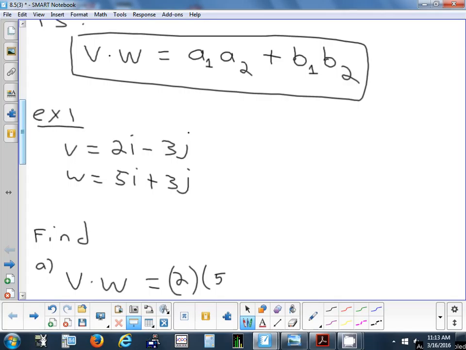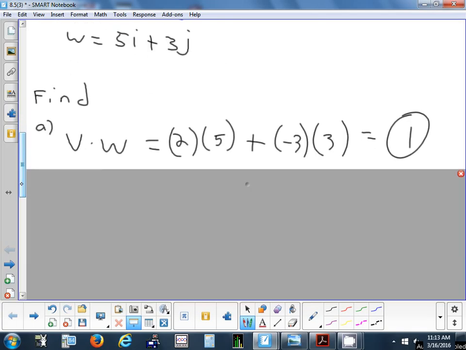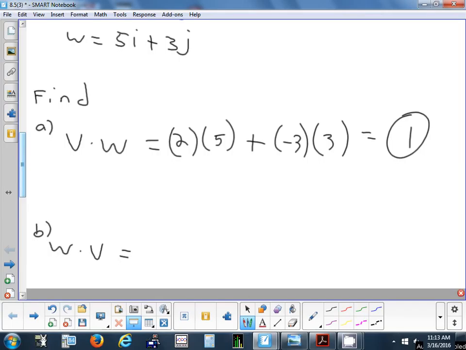What's going to come after that? Plus. Negative 3 times 3. 2 times 5 is 10. Negative 3 times 3 is negative 9. So the dot product here is 1. Any questions on v dot w?